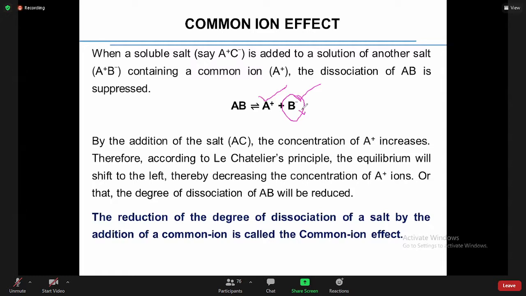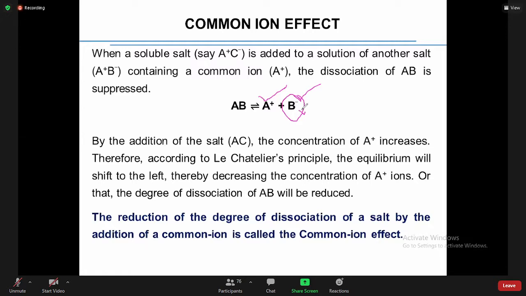But when the concentration increases, sugar will be ionized in the water, so there will be more concentration of ions, and as the concentration of ions increases, the dissociation of sugar, or the solubility of the sugar, will decrease gradually, isn't it? Yes, sir, due to the common ion effect actually.